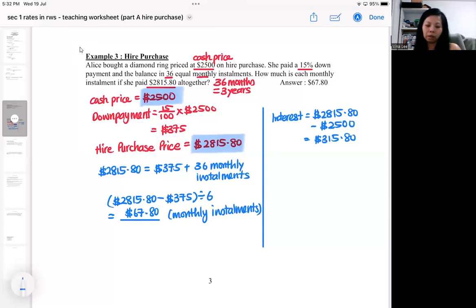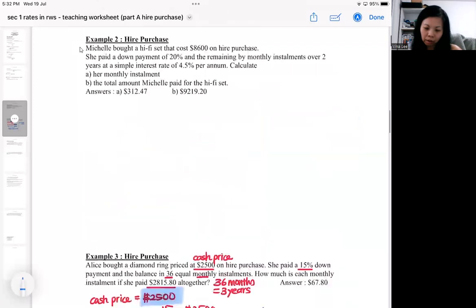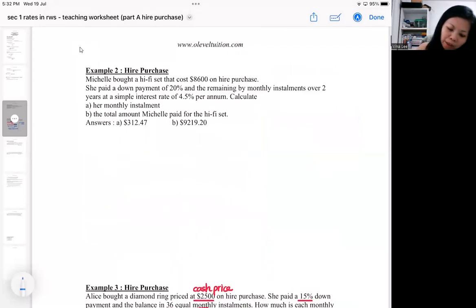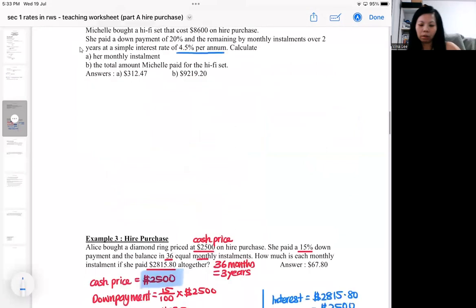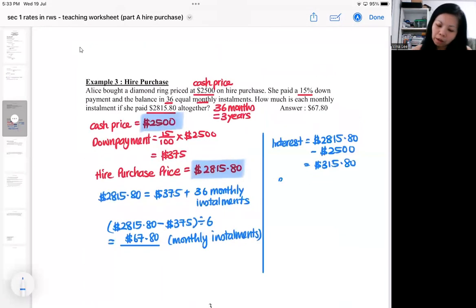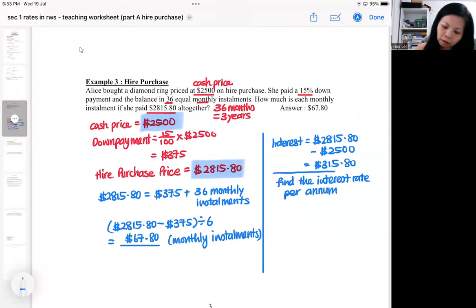Like the previous question, they mentioned 4.5% per annum. So if the question asks you to find the interest rate per annum, that means each year, how many percent is this person paying?